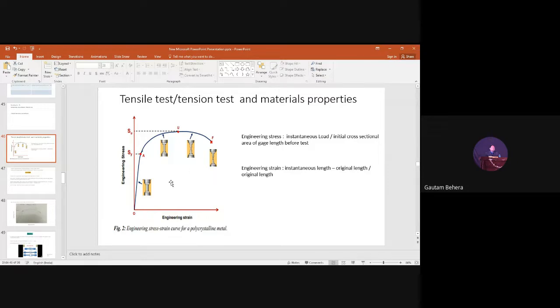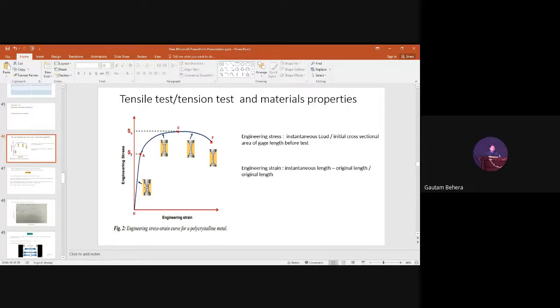And you are loading the sample. The sample is like this. This is a tensile specimen. You can see this is a round specimen, also called a button head specimen, of kind of cylindrical shape. And this part is your gauge length, if you remember.